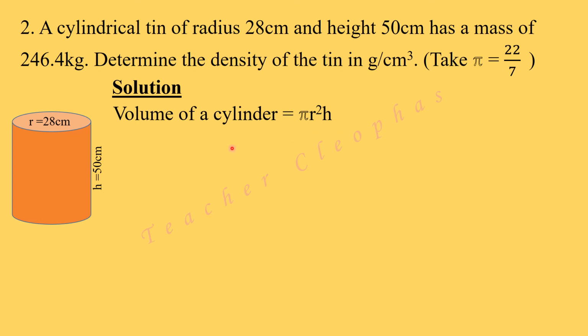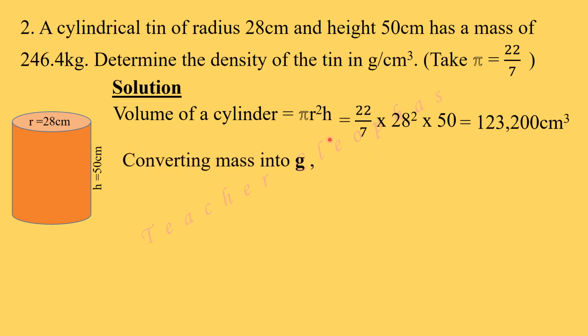We are already told to take pi to be 22/7, so we substitute 22/7 times the radius, which is 28, but then squared, multiplied by the height, which is 50 centimeters. This simplifies to 123,200 cubic centimeters, and that's our volume.